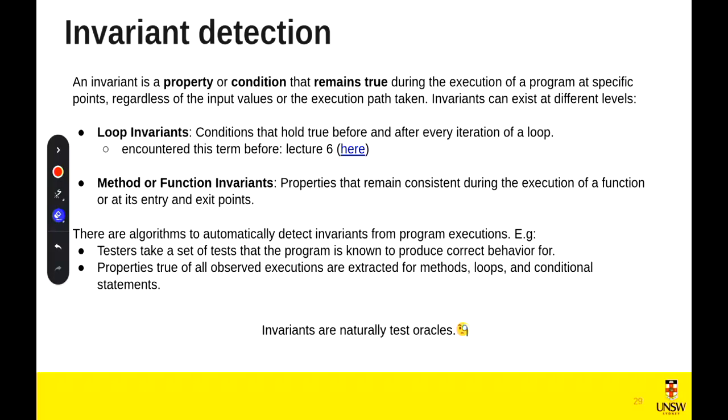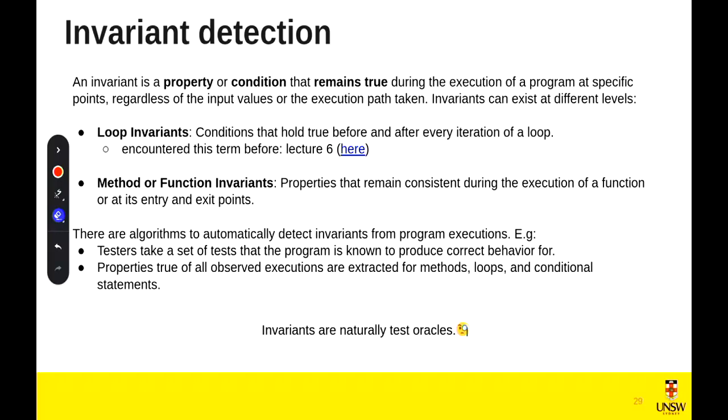And why do we care about invariants? Because invariants are naturally test oracles. So if we have identified some invariants for a program, and those invariants turn out to be false during the execution, then it means that the program must have been implemented wrongly.